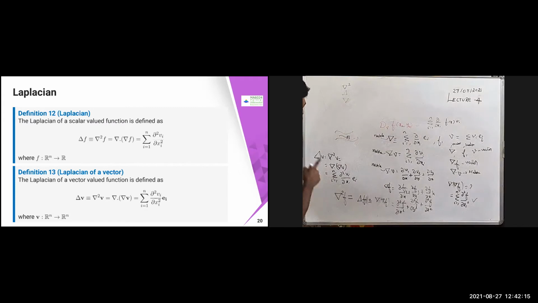It's a vector. V is a function from R power n to R power n, so you have to define it this way with dou xi square. This is called the Laplacian of a vector.